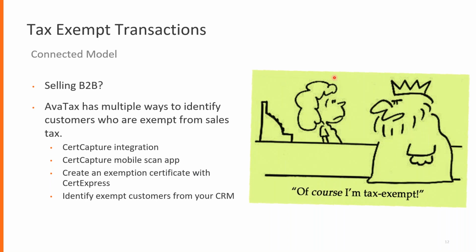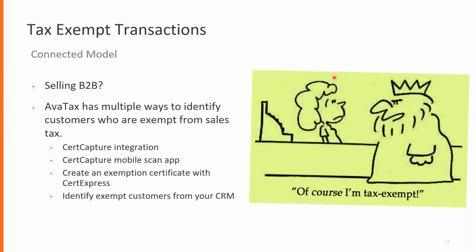But it does come down to the treatment of why you're exempt impacting whether you're fully exempt or partially exempt. For example, California industrial manufacturers are not fully exempt. They're taxed at, I believe, 2.75%, as opposed to the 6 or 7 to 9% taxes, depending on where you are in the state of California. Whereas retailers within California are fully exempt. So having that exempt reason provides you a better tax calculation.